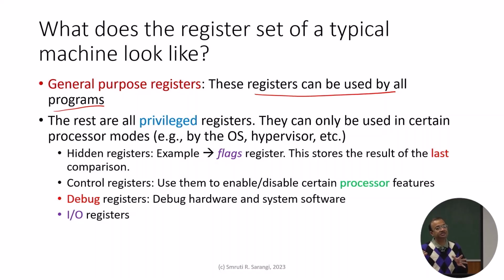So these are registers over and above, beyond this set of 8 or 16. These registers are kind of a separate set. They can only be used in certain processor modes, so the OS can use them. The virtual machine monitor, known as the hypervisor, whose job is to actually monitor the guest operating systems, can use them too.